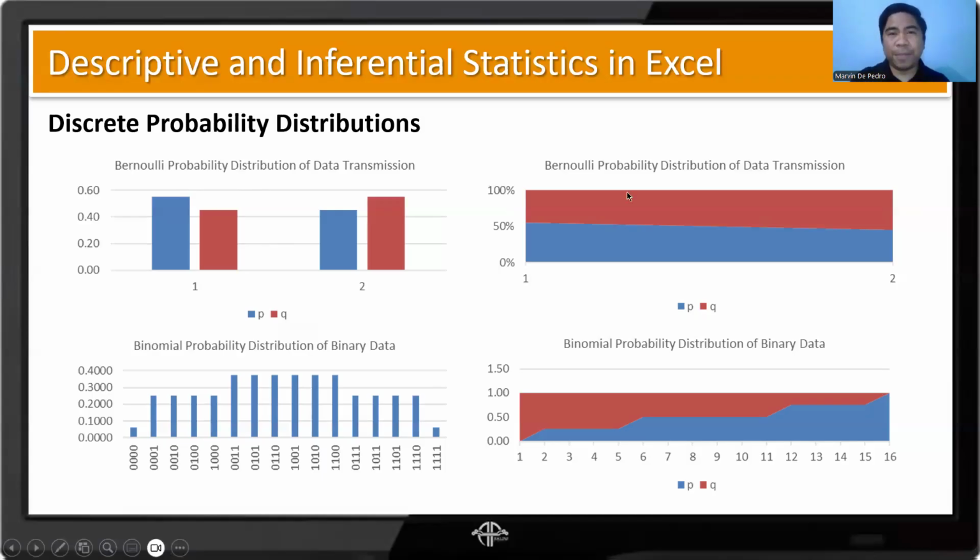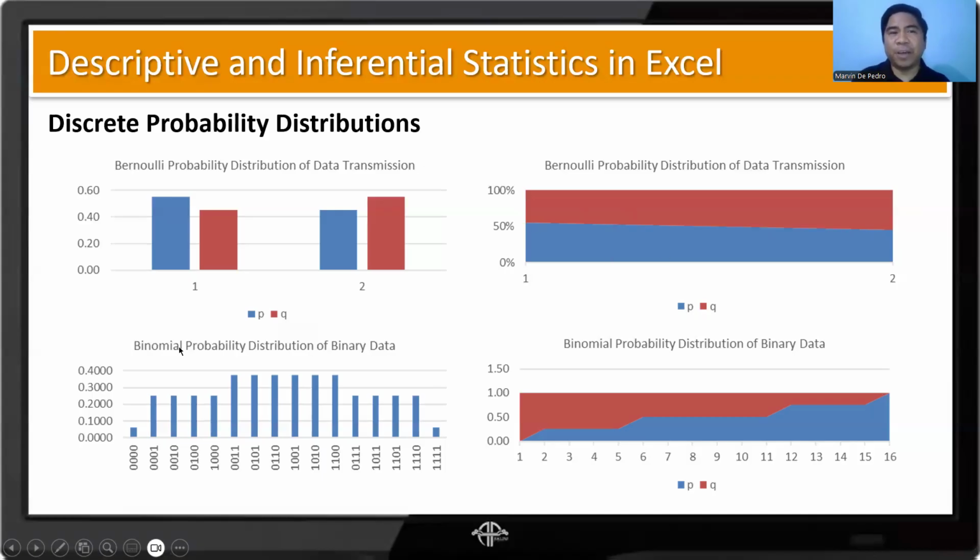If we use an area chart showing our Bernoulli probability distribution, we can see something like this. The line or the division between the two values is a straight line.